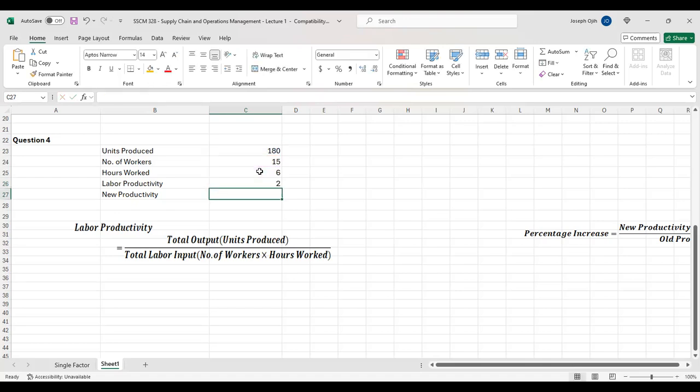That gives us 2, which means that 2 valves are produced per labor hour. That's what it means.